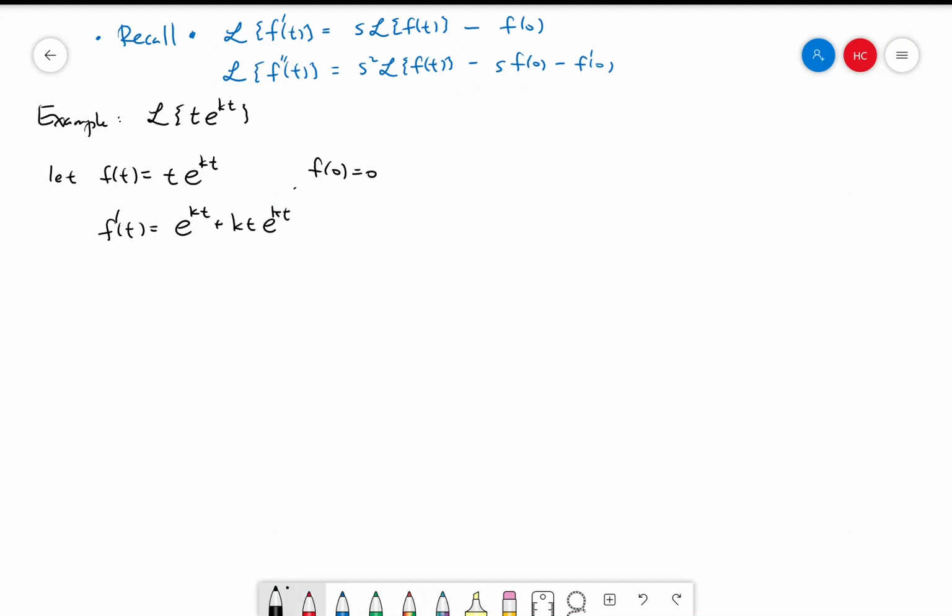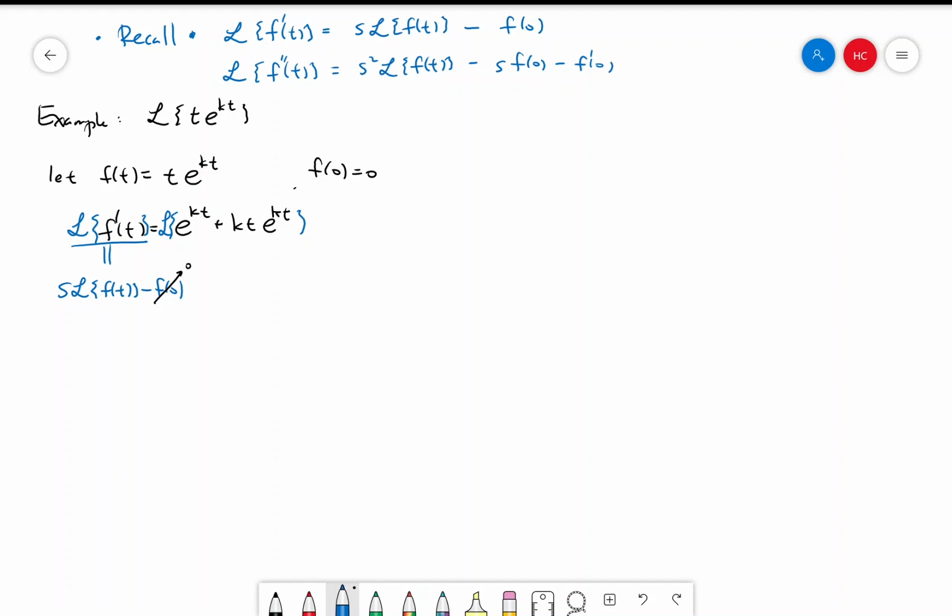So if we apply the Laplace transform on both sides, the left-hand side, according to the theorem, is equal to s times the Laplace transform of f of t minus f of 0. Notice f of 0 is 0.